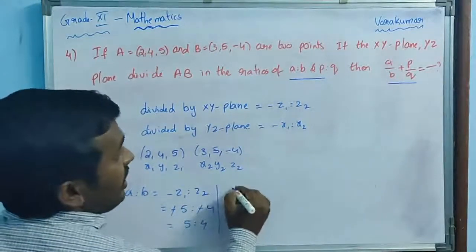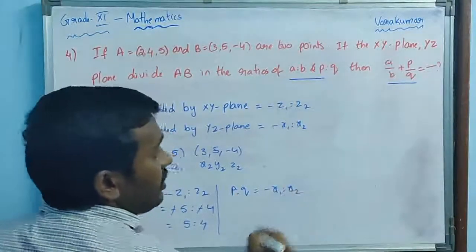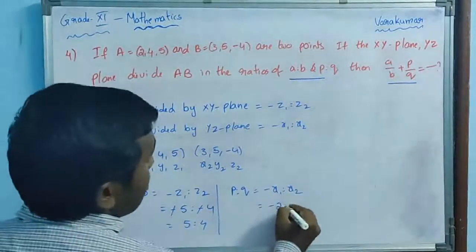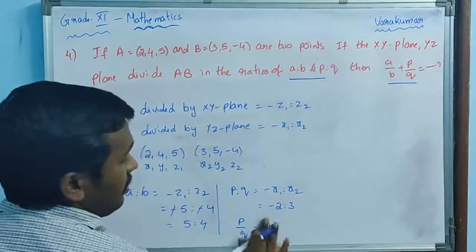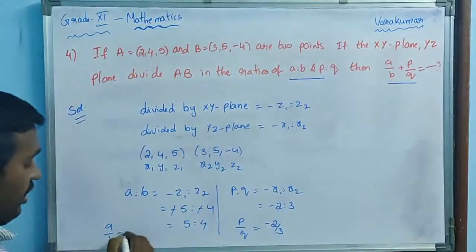Similarly, he said p is to q. P is to q is minus x1 is to x2, so minus 2 is to 3. This is p by q, minus 2 by 3. And here a by b is 5 by 4.